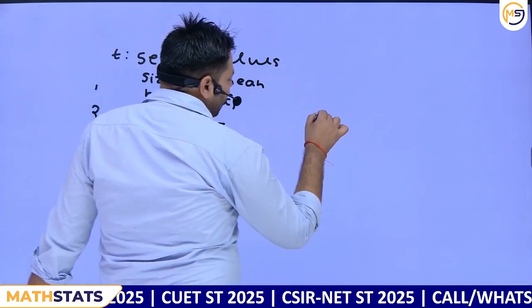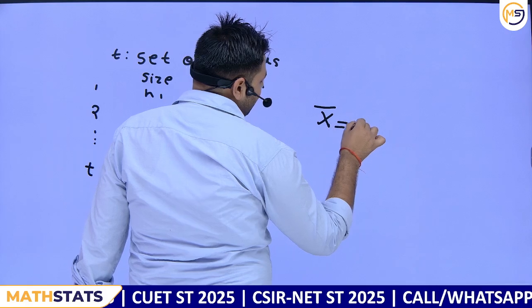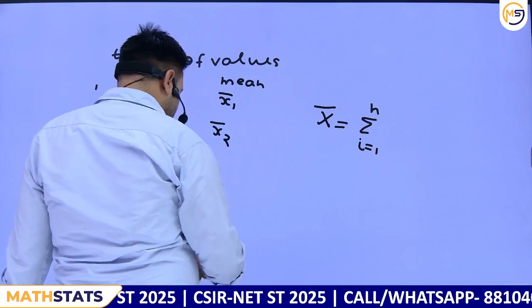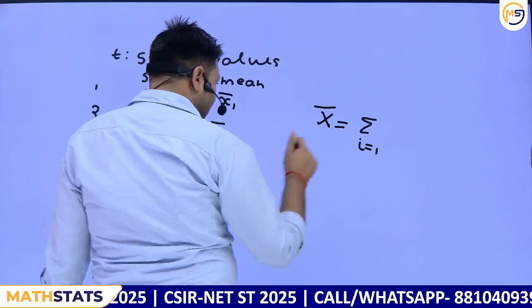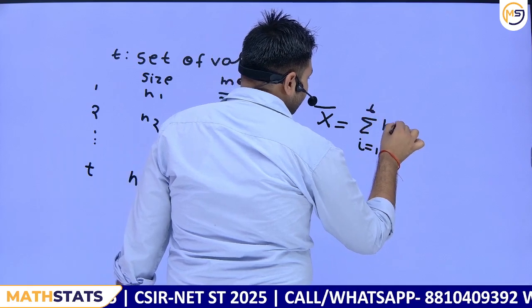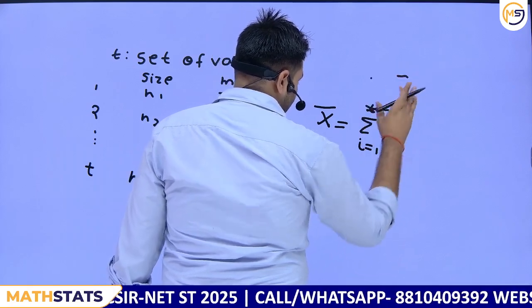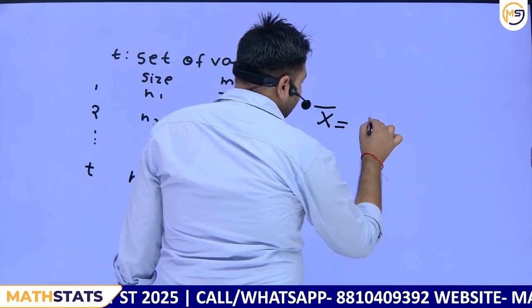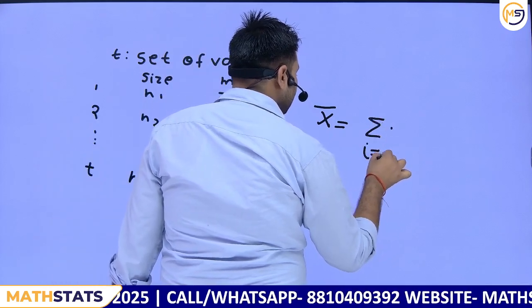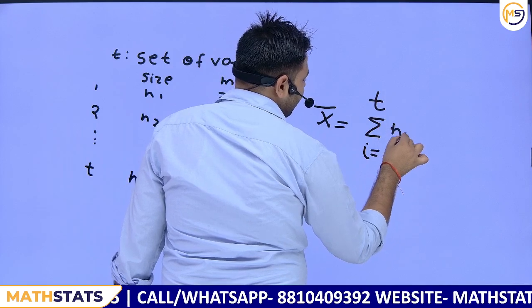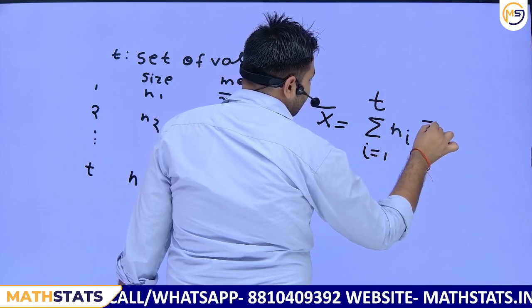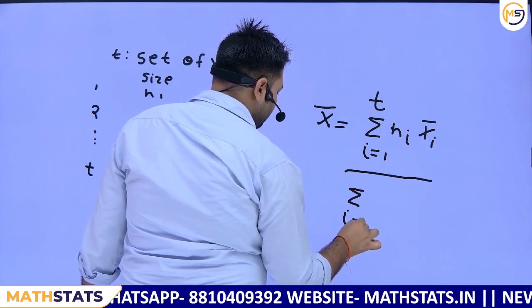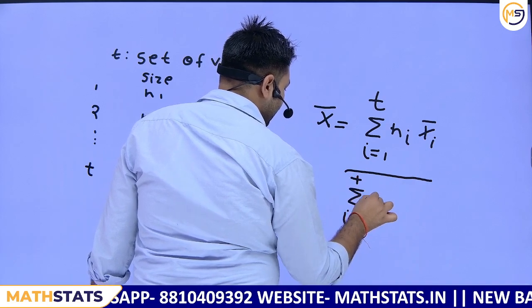Then total pooled mean or combined mean x bar equal to summation i equal to 1 to t, ni xi bar divided by summation i equal to 1 to t, ni.